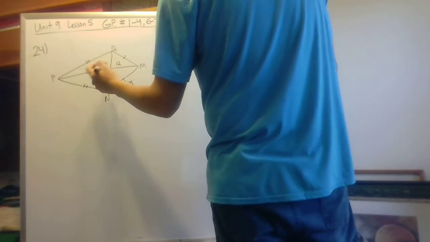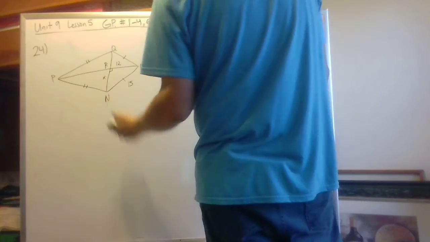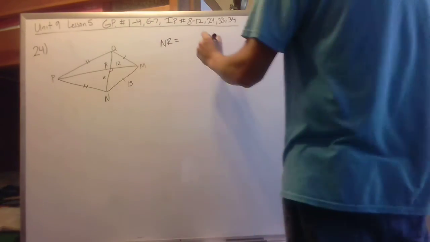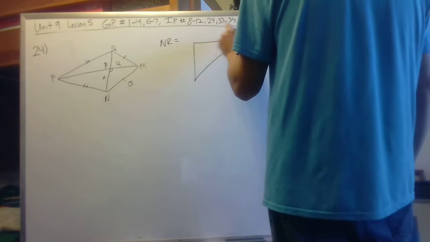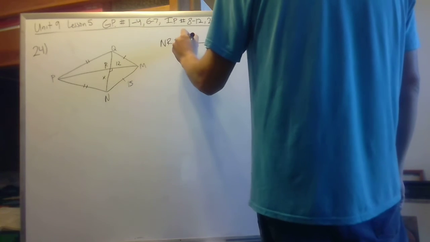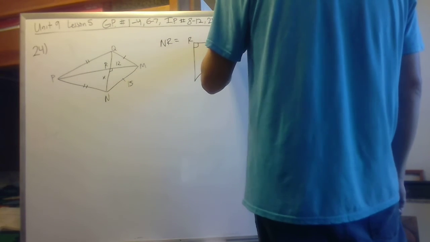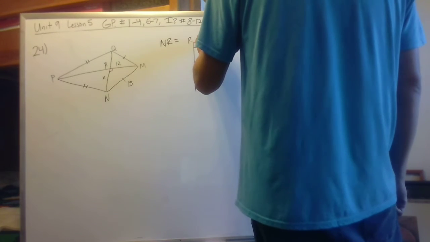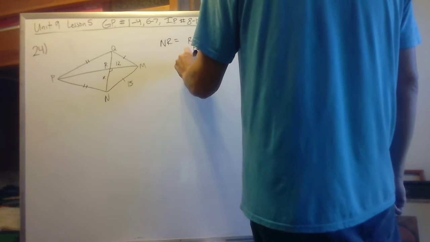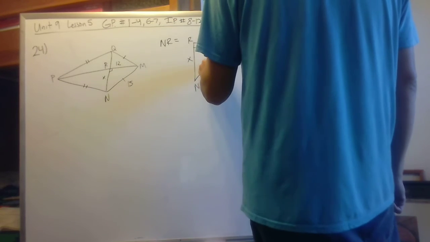According to properties of kites, the diagonals form a 90-degree angle. So now, in order to find NR, we're just going to look at the triangle that is formed by R, M, and N. And we have 12 right here, X for the unknown length, and 15.